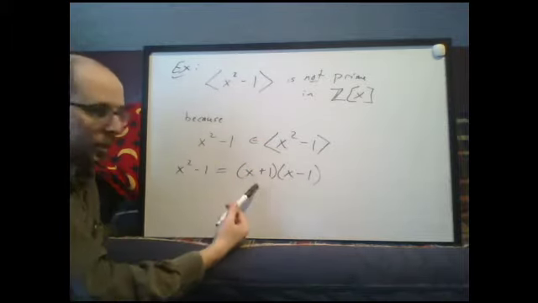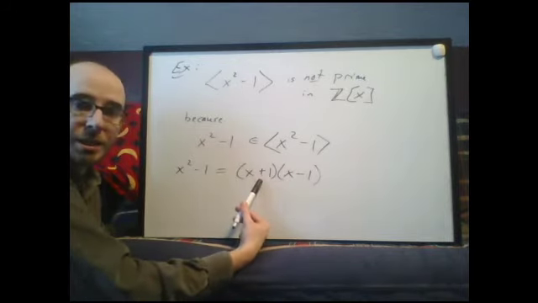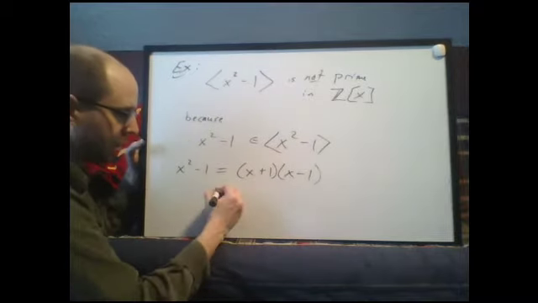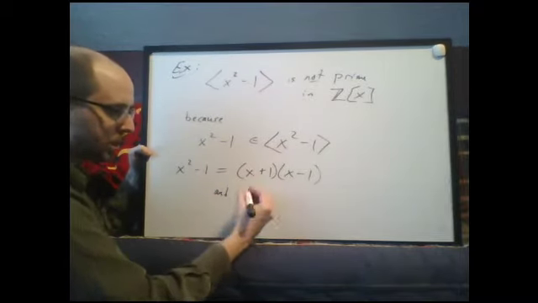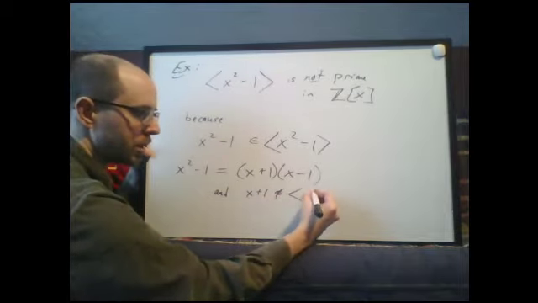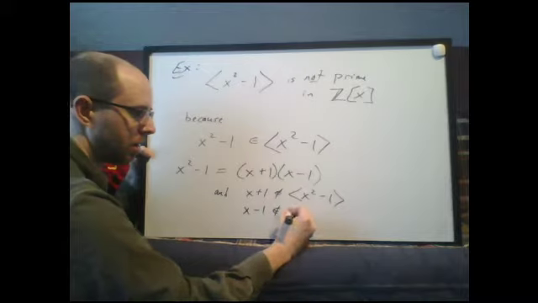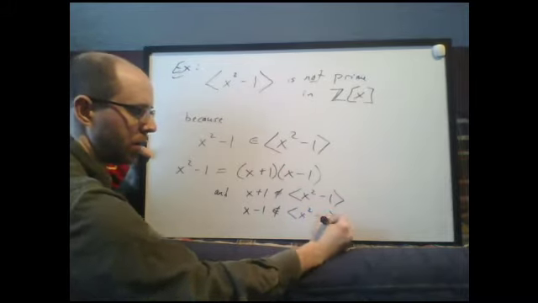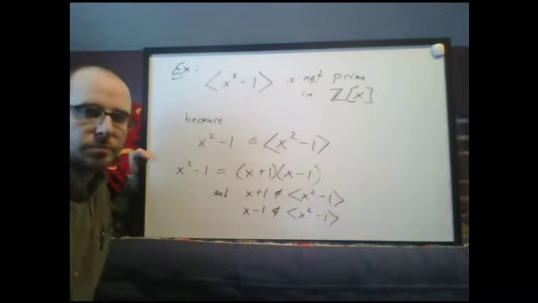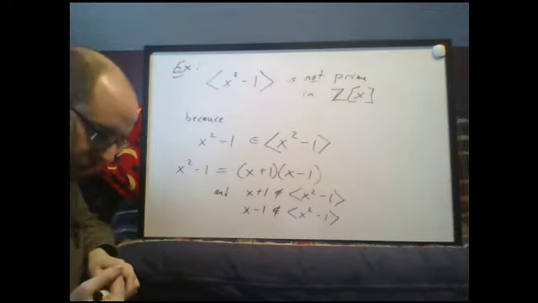So if I factor it like this, neither one of these individually has x squared minus 1 as a factor, and these individual polynomials are not elements of the ideal. Okay, so there's an example in a polynomial setting.